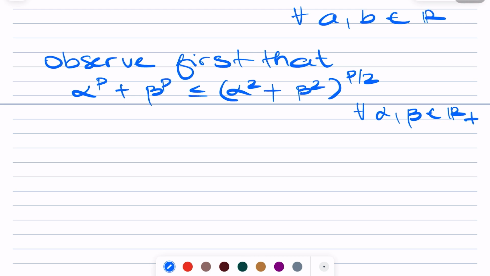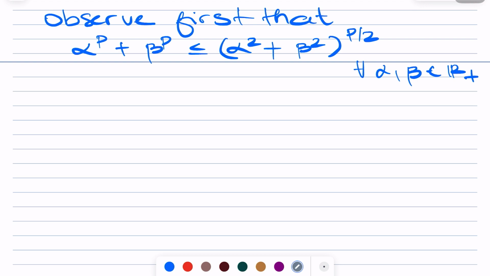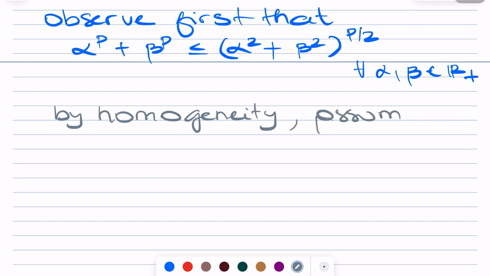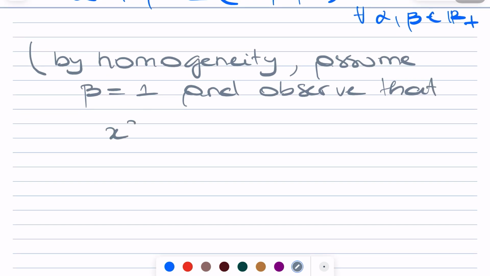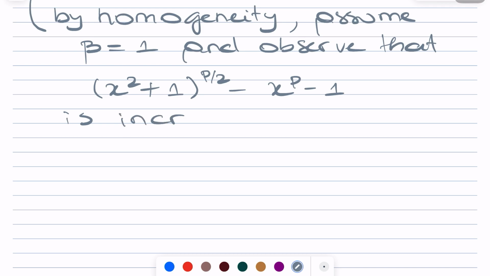To see this, by homogeneity it's enough to assume that beta equals 1, and observe that the function (x squared plus 1) to the power p over 2 minus x to the p minus 1 is increasing on 0 to plus infinity.